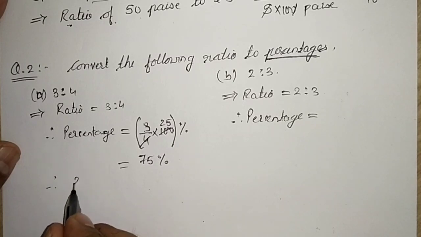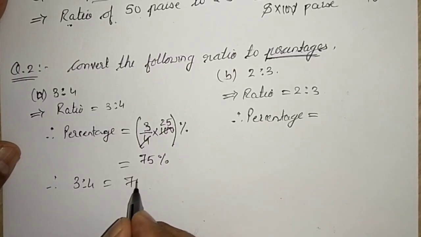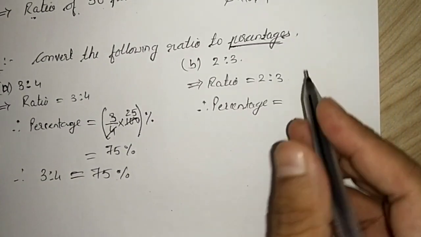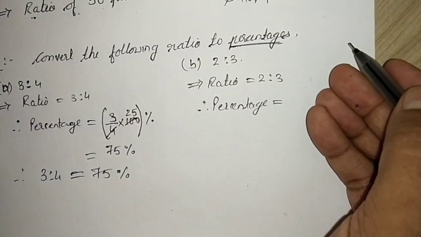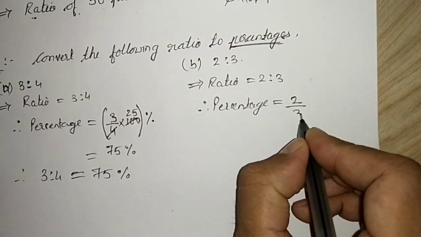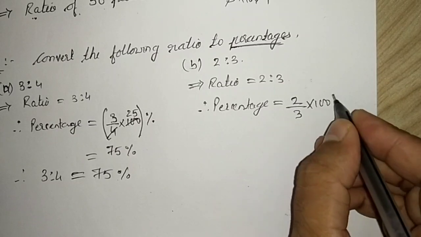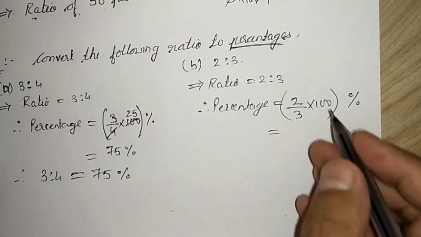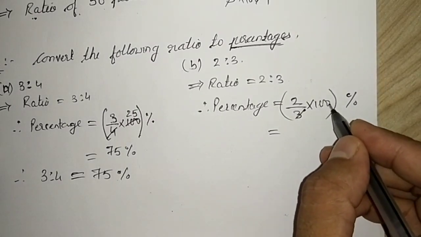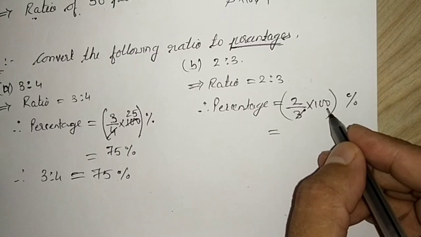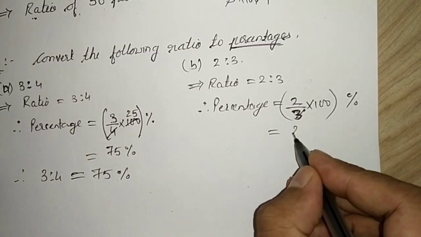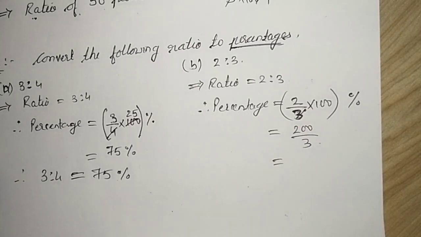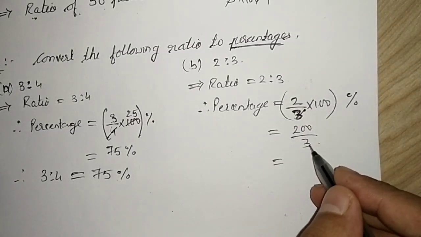Therefore 3:4 is equal to 75%. Similarly 2:3, we want to convert it into percentage form. We will write it in the fraction form, multiply it by 100 and put the percentage sign. Now 3 and 100 you will not be able to cut. Let it be as it is. You will write 200 divided by 3 and write it as a mixed fraction.